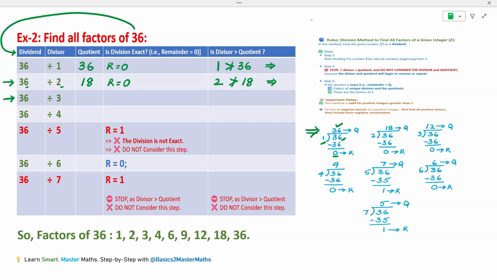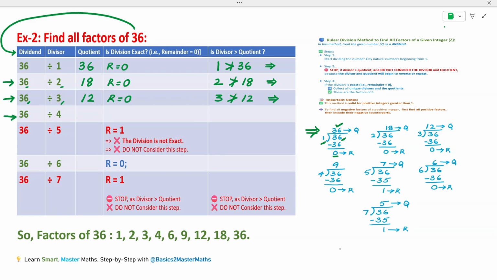Here, when we divide 36 by 3, we get 12 as the quotient and 0 as the remainder. In this case, the divisor is 3, which is not greater than the quotient 12. So, continue to the next step.